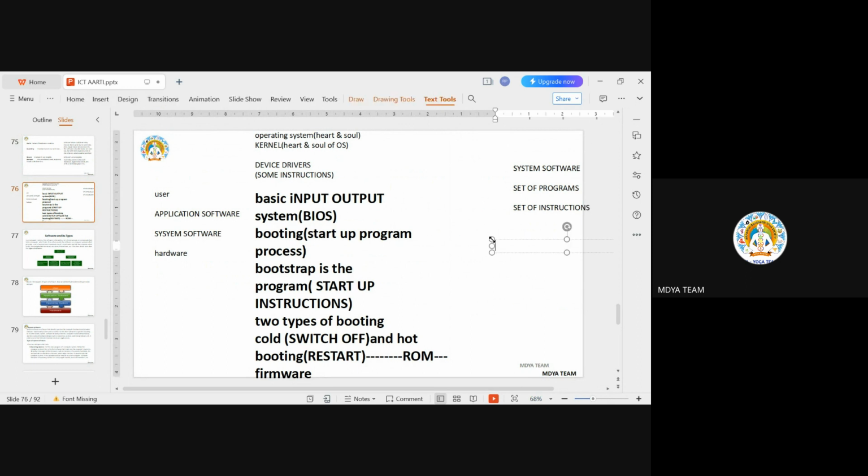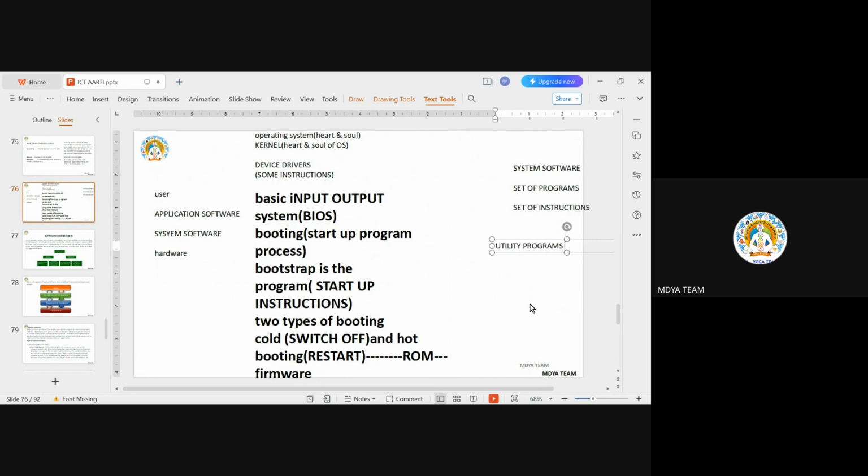I told in the previous class that some persons say utility software is a different software, other than system or application software. This is also a third type of software, but utility programs come under the system software. This is also part of the system software.